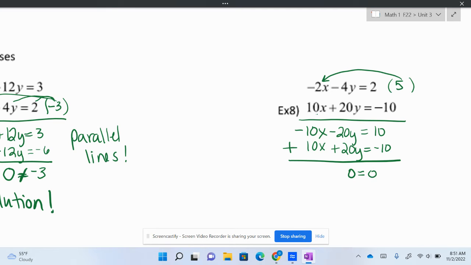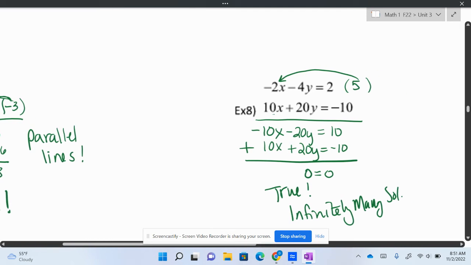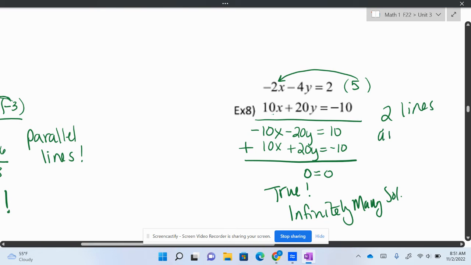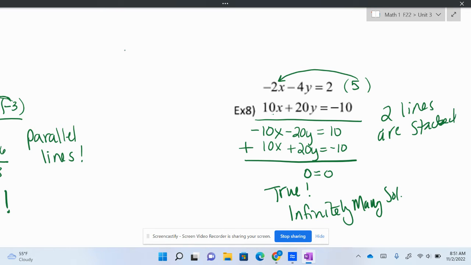Is that true? Does 0 equal 0? Yeah, this is true. What does that mean? Infinitely many solutions. What does that mean in terms of a graph? I'm going to put the 2 lines are stacked on top of each other.